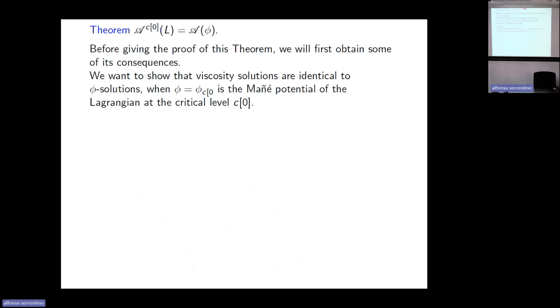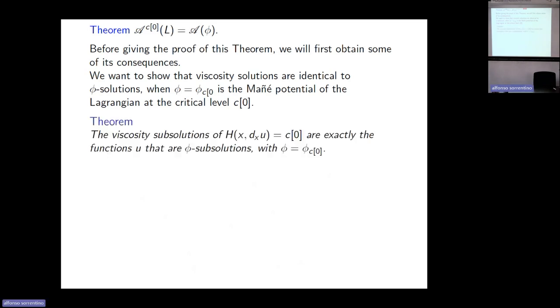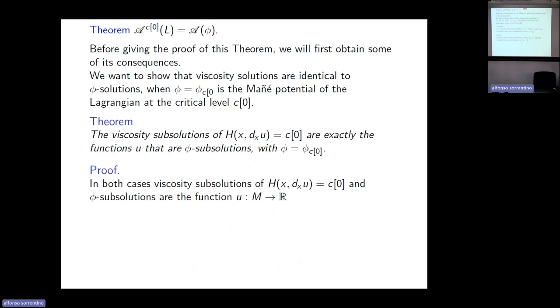So let's start with the subsolutions. The viscosity subsolutions of H of x, dx u equals c0 are exactly the functions u that are subsolutions for phi, with phi equals phi c0.